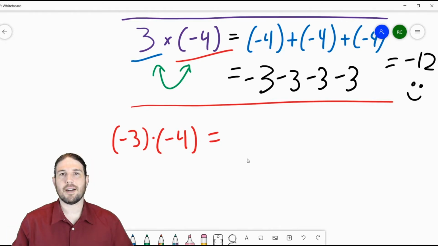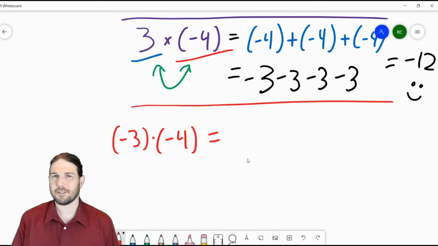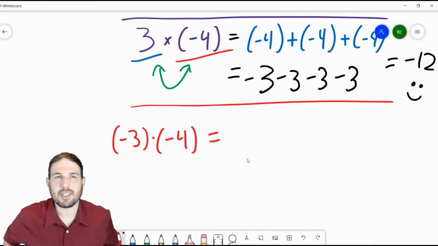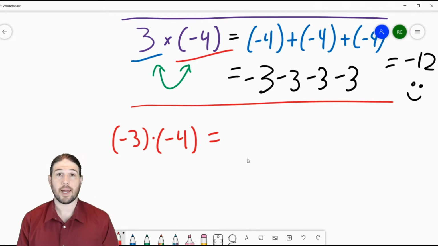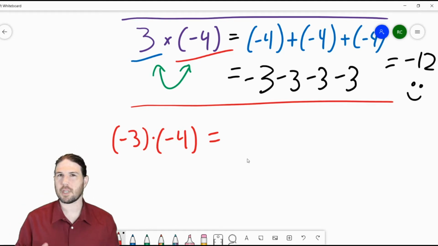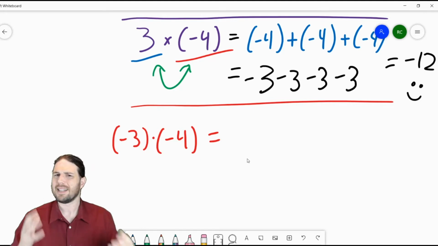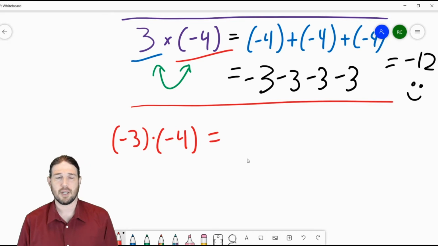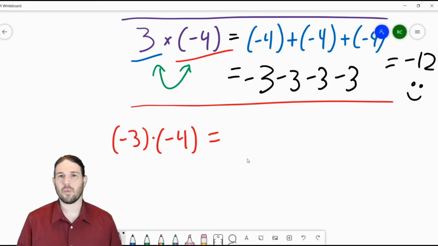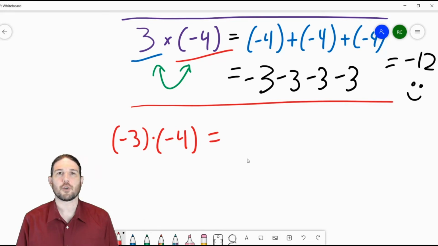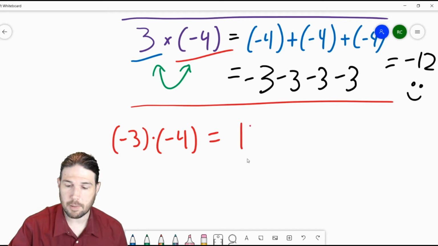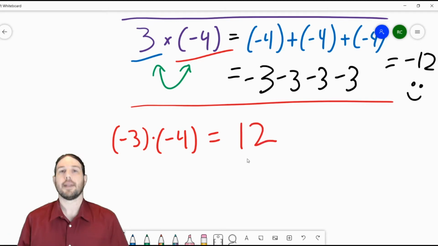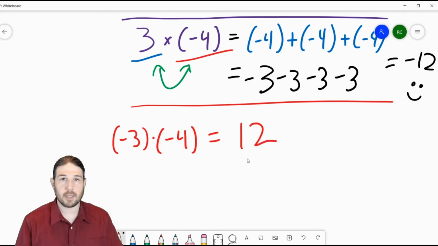Now, this is a really weird kind of problem, and we're not used to thinking this way. Even thinking in terms of surplus and debt doesn't really extend to multiplication of numbers, okay? We're not good at visualizing this sort of thing. We know from our rules, though, that the answer is going to be +12, right? A negative times a negative equals a positive.